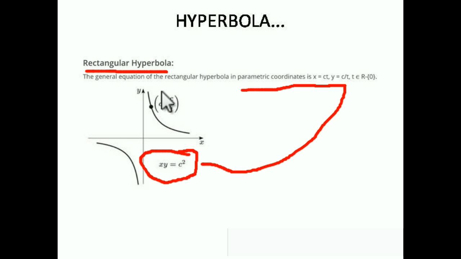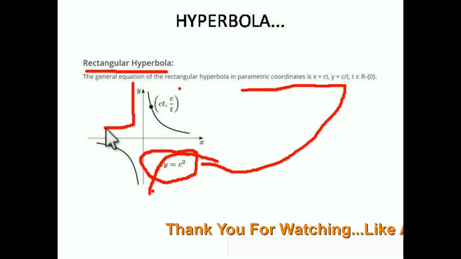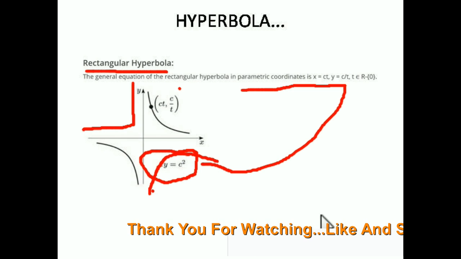This hyperbola is drawn like this in the first quadrant and in the third quadrant. If a negative sign is there, then it can be drawn in the second and the fourth quadrant like this. So this is a rectangular hyperbola.